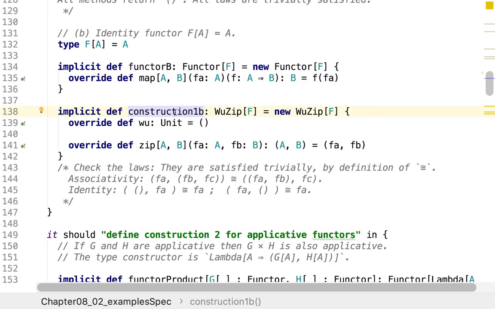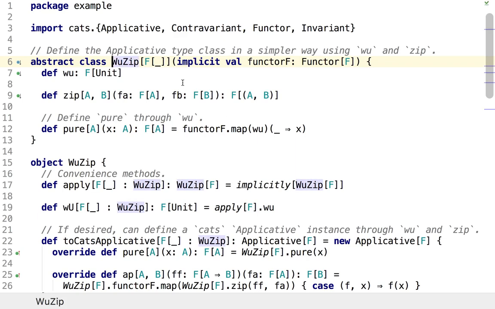Let's look at the applicative instance. Now I defined this type class that I called woozip, which is just a type class that expresses the applicative property of the functor f by defining methods wrapped unit and zip.